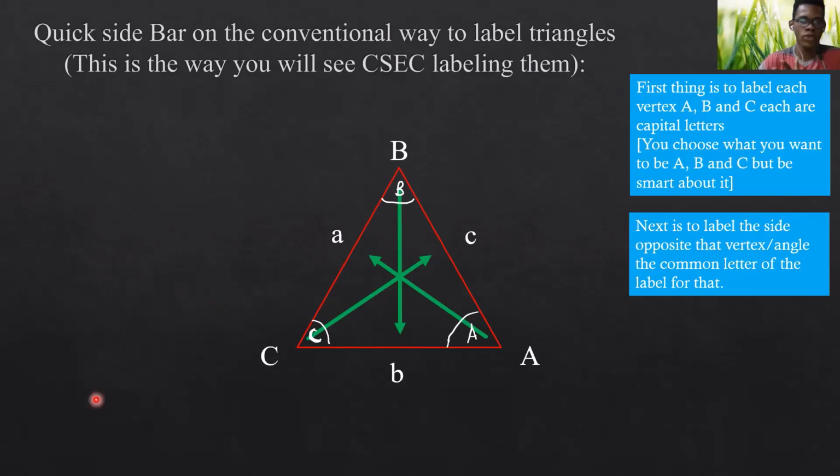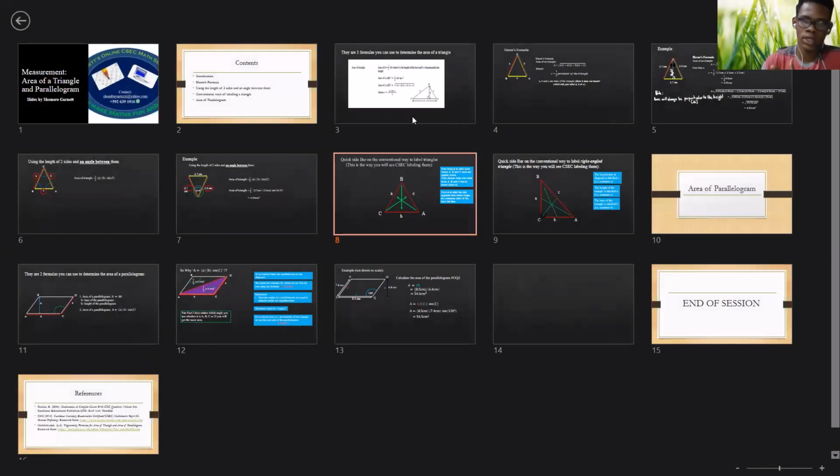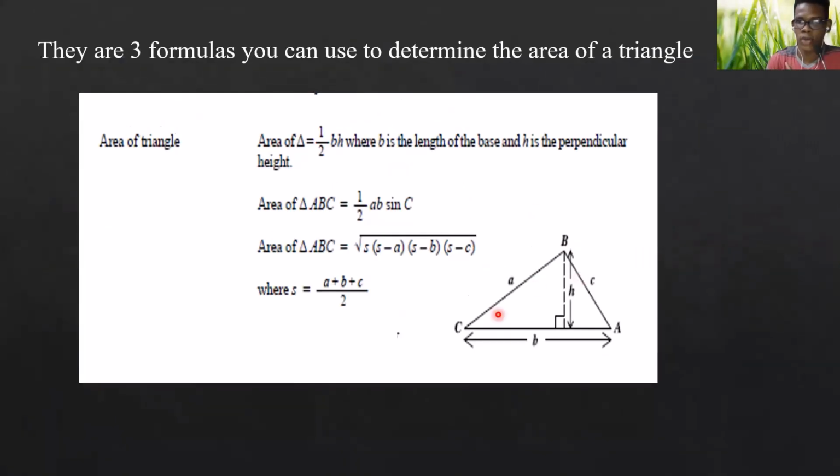So if we go back, I will go back to that slide, not to worry. This is what you see here. And by the way, this image is taken directly from the cover of the CSEC maths paper. Both paper 1 and 2 from now on are coming with the formula sheet.